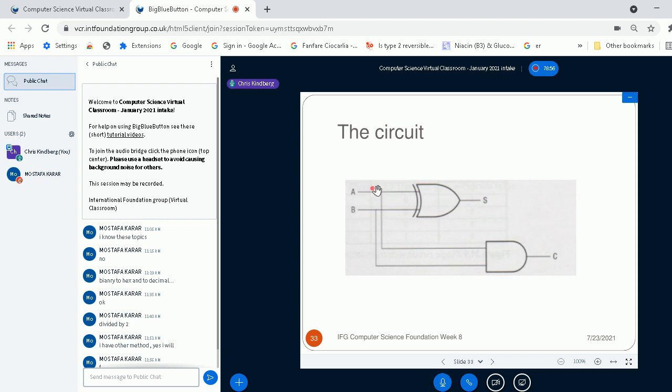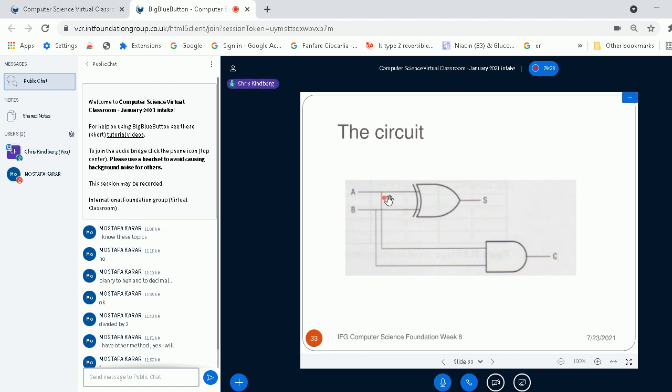So if I've got a 1 here and a 1 here, the output S is going to be 0. That is the result of adding 1 and 1, but I also need to generate a carry bit. From A being 1 and B being 1, I want to generate an output called C, and that's going to be 1.